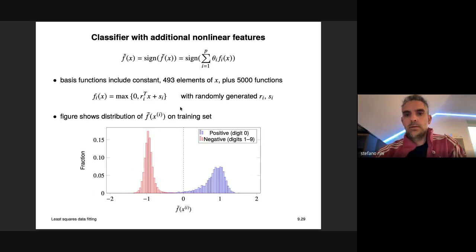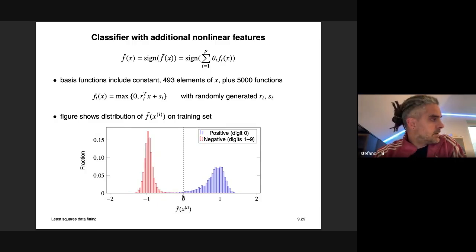We randomly generate, let's say, a vector r of weight 1, and we do a random projection of x over r, and then we add a random shift. If we do this with 5,000 functions, then our linear model is going to pick some of these projections and decide that they're very relevant for the estimation. So if we augment the model with some random projections, we obtain a much better prediction of zero and non-zero digits.